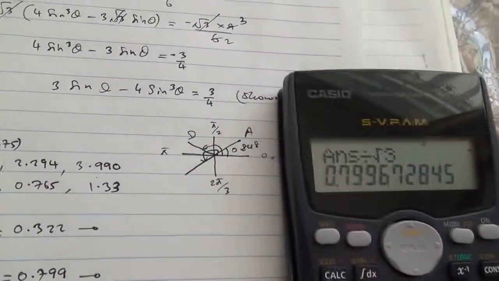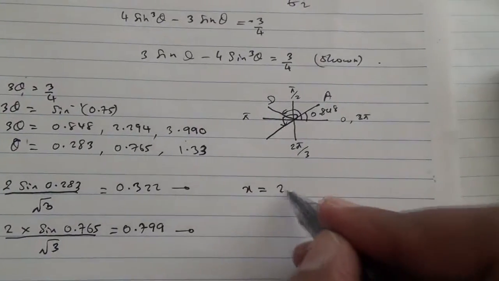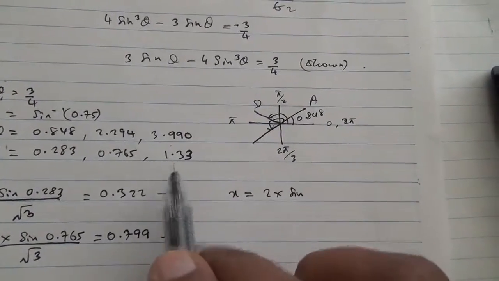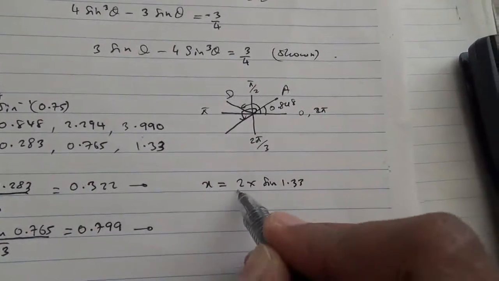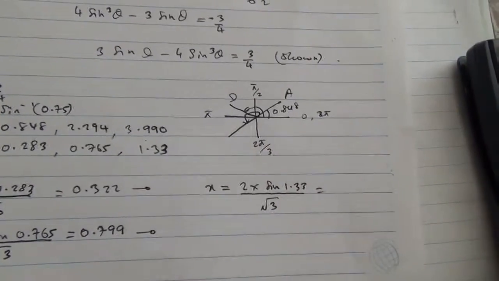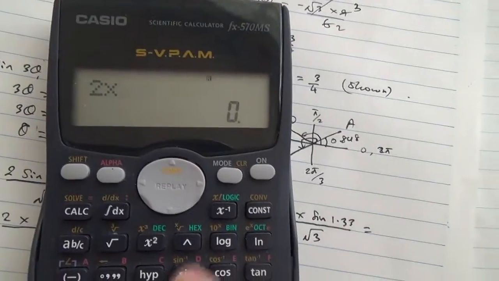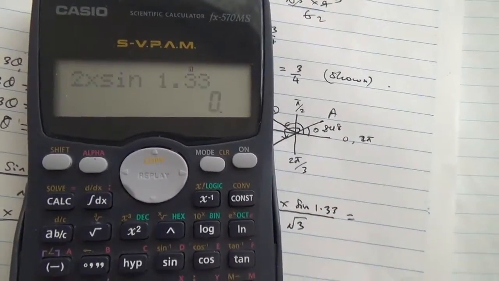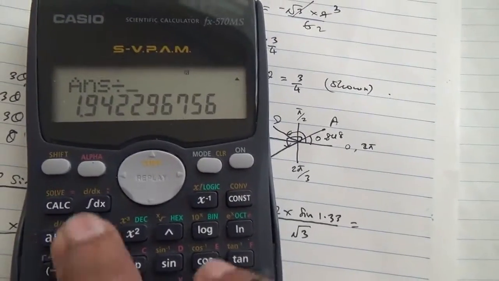For the third value, x is equal to 2 multiplied by the sine of 1.33, sure, that one's going to be negative, divided by the root of 3. So 2 multiplied by sine of 1.33, and then we divide by root of 3.